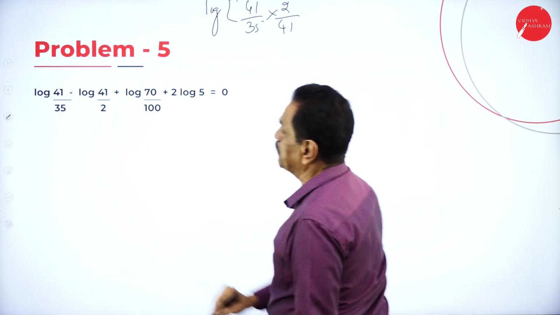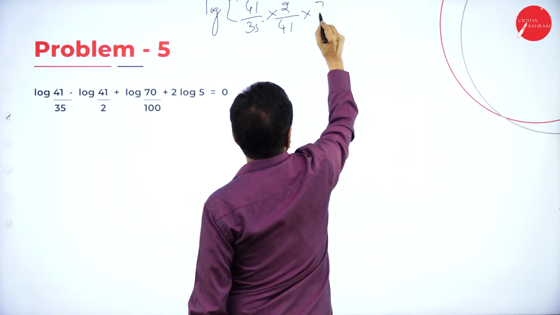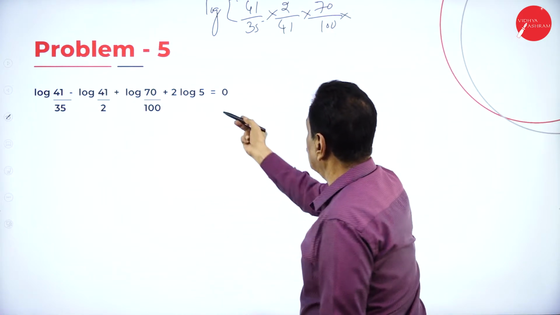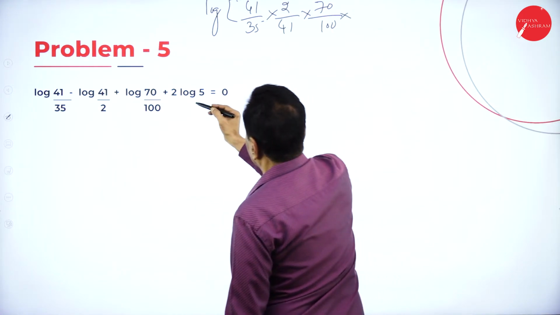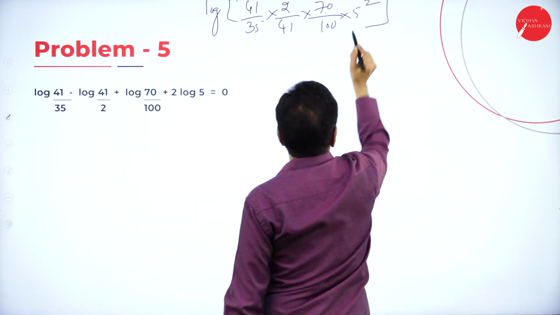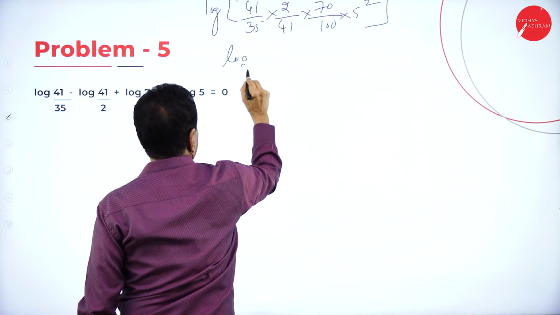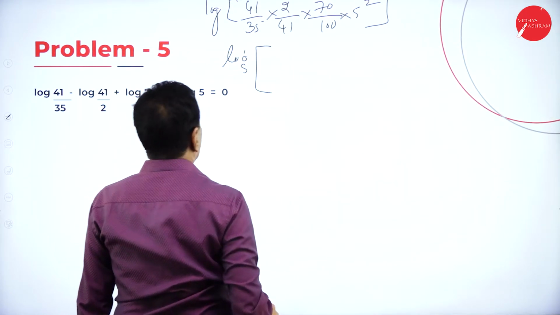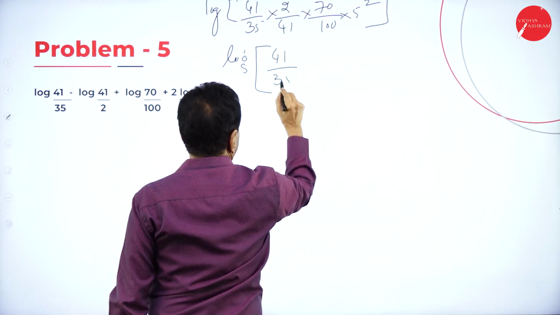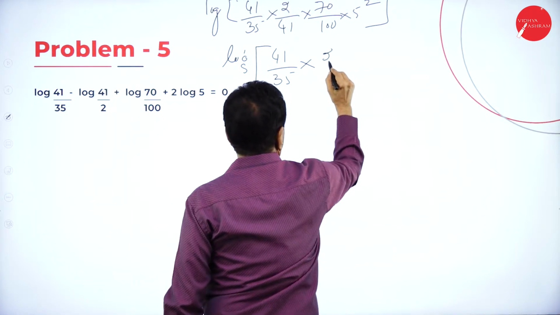Inverse of this minus is inverse into 70 divided by 100, this can be written as log 5 square. Once again, log 41 divided by 35, 2 divided by 41.